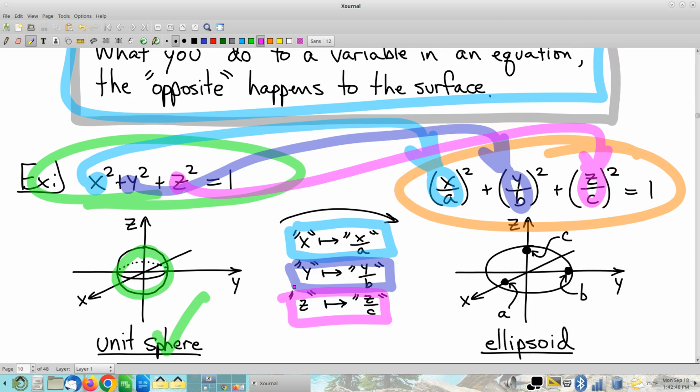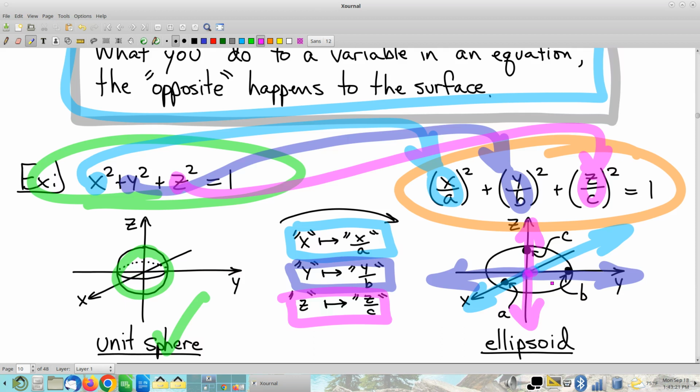Each one of these algebraic replacements has a corresponding geometric effect, which is the opposite of what you do in the algebraic replacement. Replacing x with x over a is going to stretch in the x direction by a factor of a. Likewise, the second one is going to stretch in the y direction by a factor of b, and the third will stretch in the z direction by a factor of c.